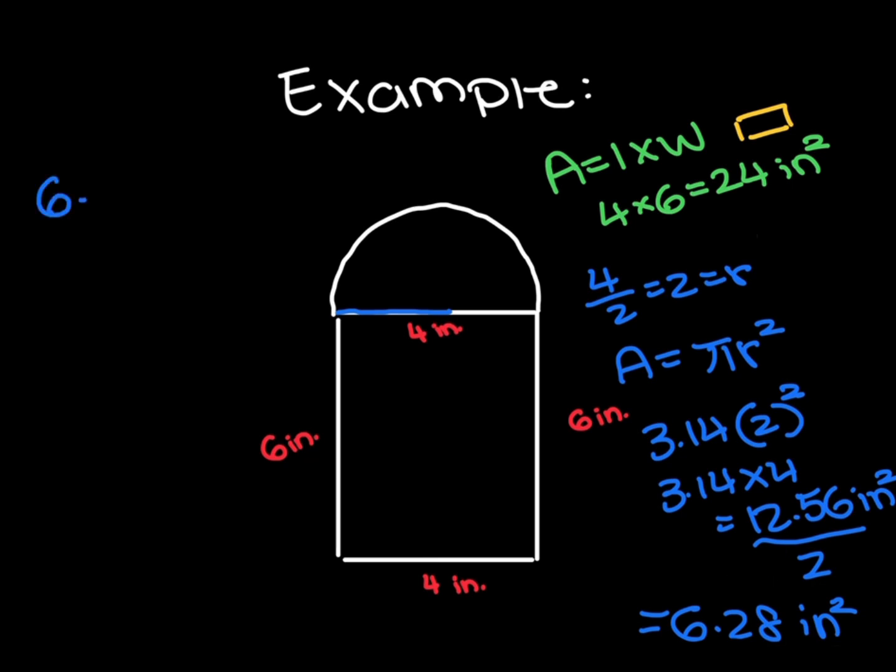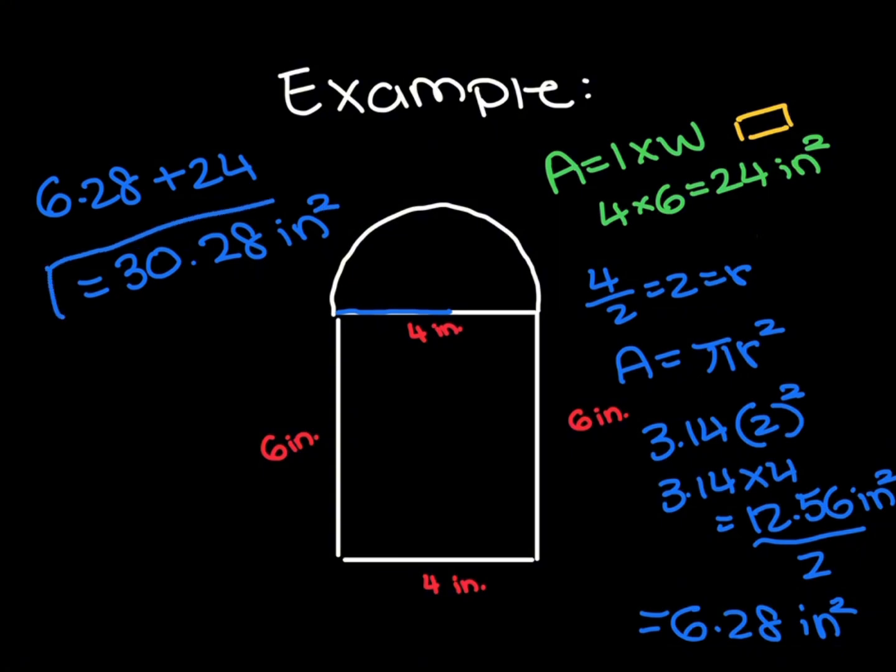So 6.28 plus 24 gets us, so 24 plus 6 is 30, plus the 0.28 is 30.28 inches squared. And that right here is our final answer for the area.